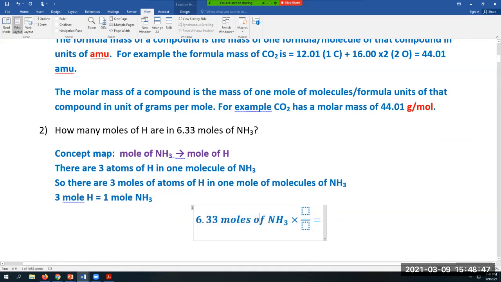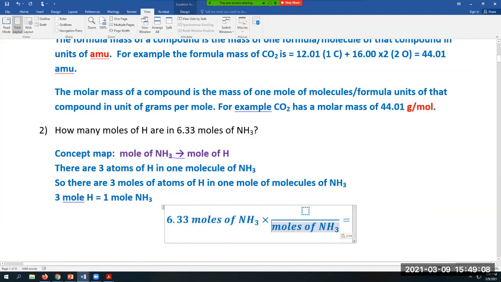So as always, the units are our guide to know what to do next. And here we have moles of NH3 as the given amount. And so we want to cancel that unit because in the end, we want moles of H, not moles of NH3. So you want to cancel the units of moles of NH3.